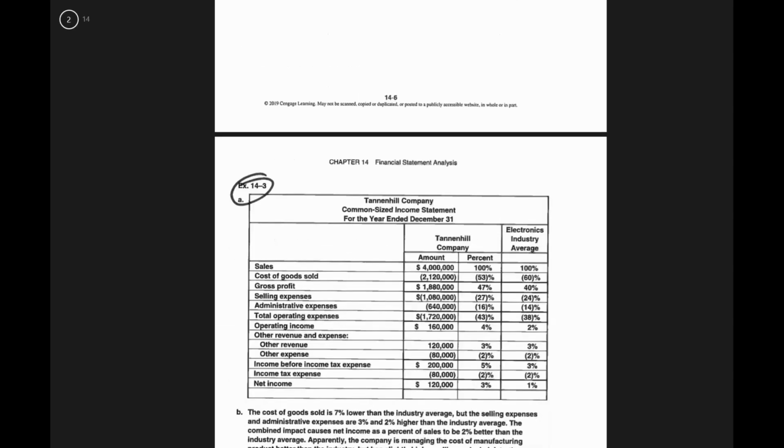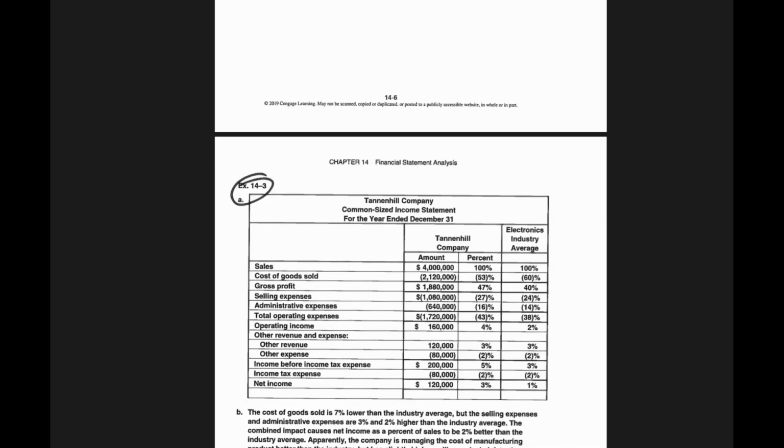Number 3 is another financial statement here. It says common size, revenue and expense data for the current calendar year for this company and for the electronics industry are as follows. All right. Prepare a common size income statement comparing the results of operations.